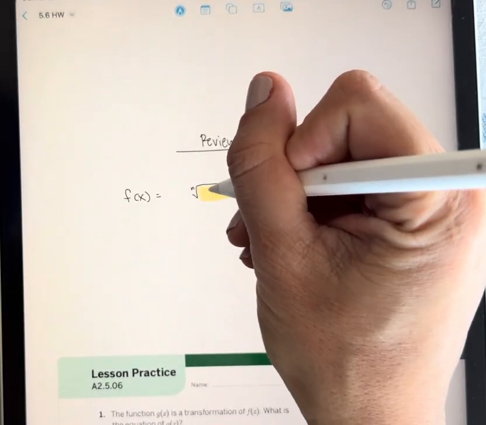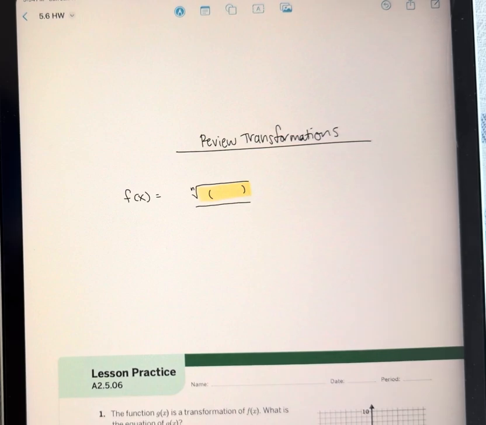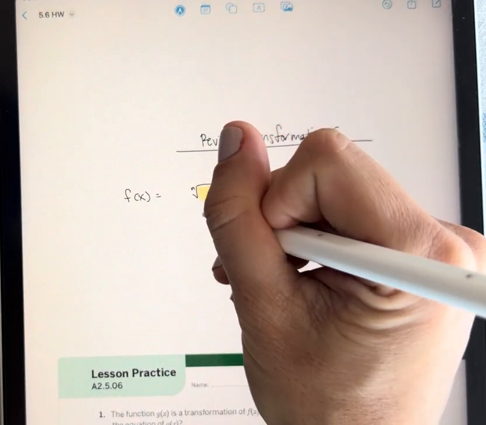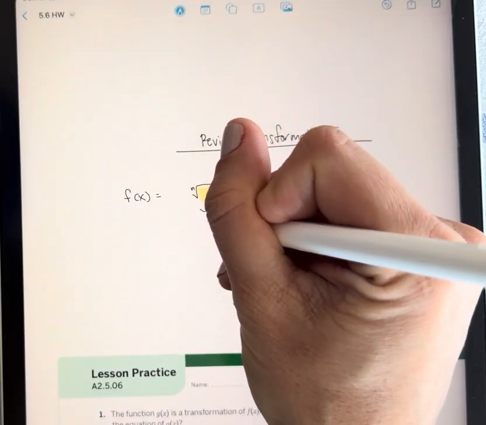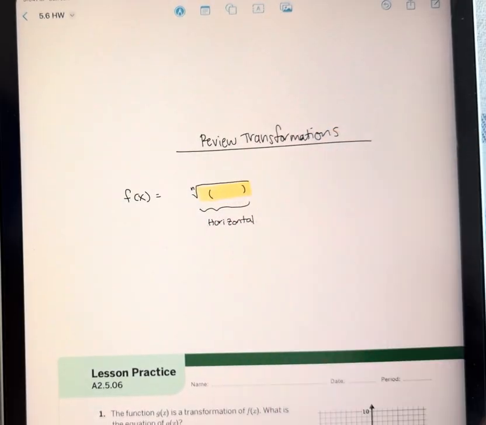Whatever happens on the inside is happening to x. So everything here is a horizontal transformation.